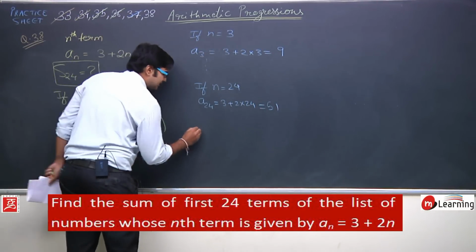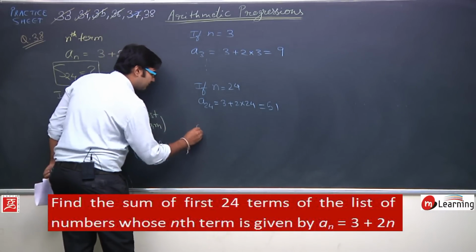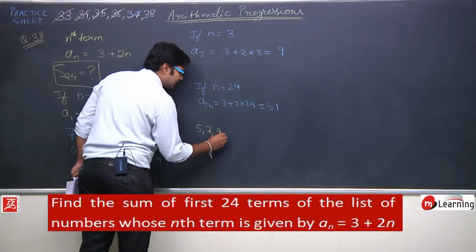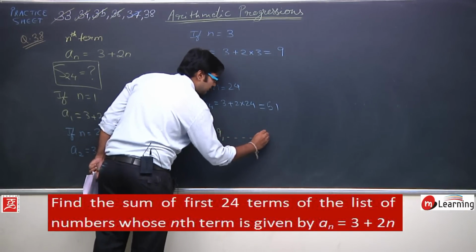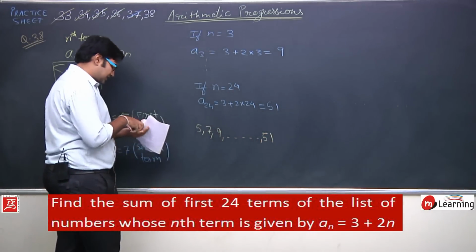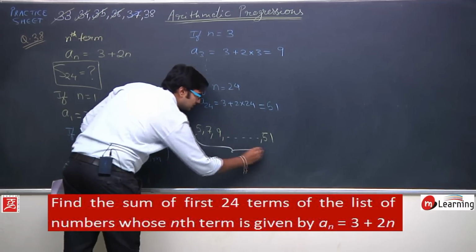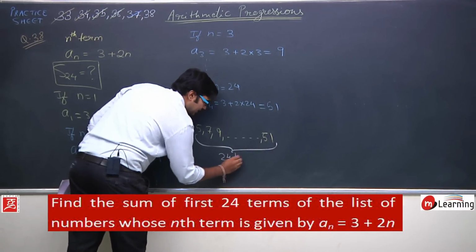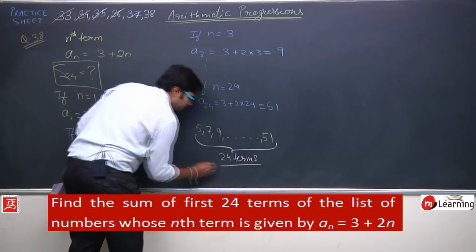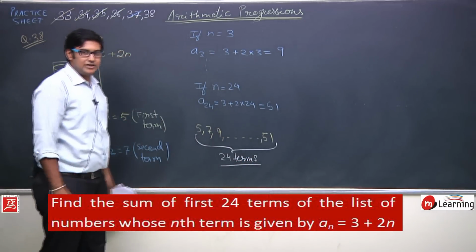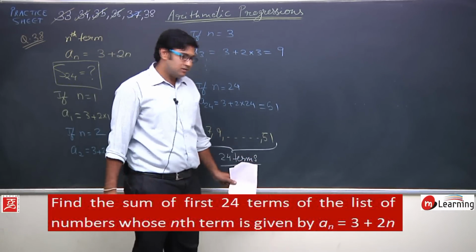It will start from 5, then 7, then 9 and so on till 51. These are the 24 terms of my arithmetic progression.